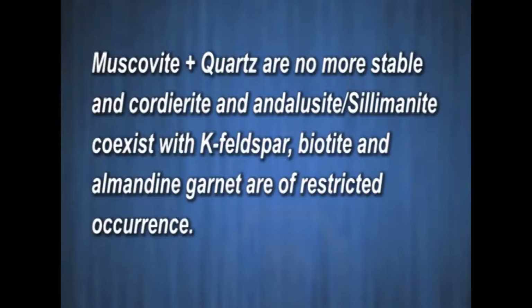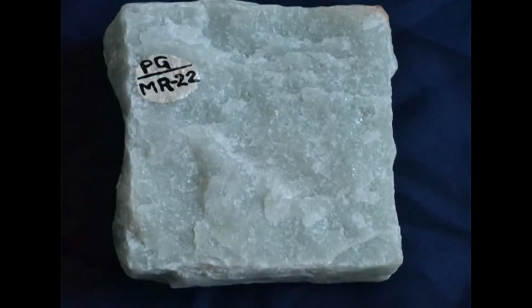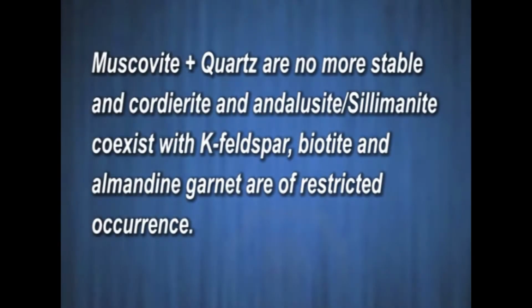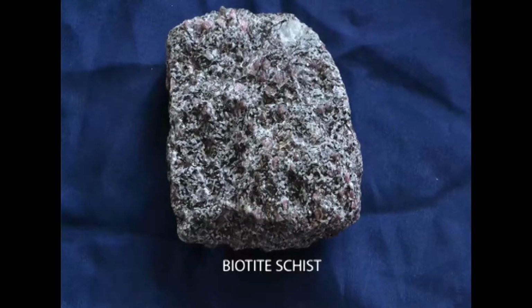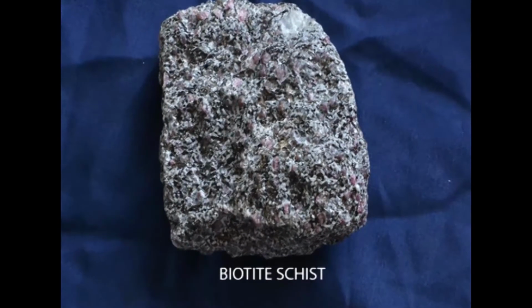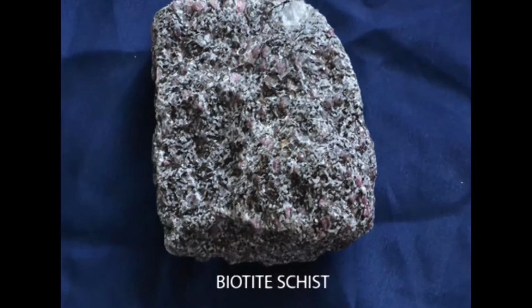Temperature is very high, nearly 1000 to 1200 degrees centigrade. Muscovite and quartz are no more stable, and cordierite and andalusite or sillimanite coexist with K-feldspar. Biotite and almandine garnet are of restricted occurrence.